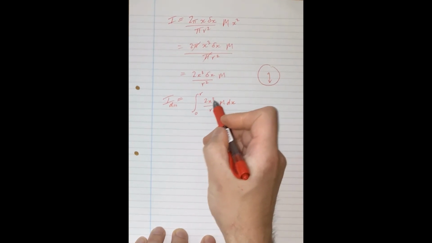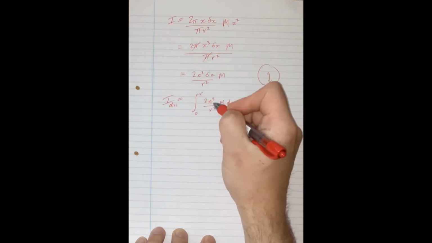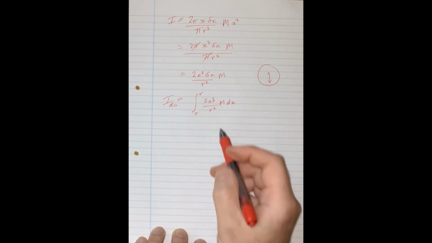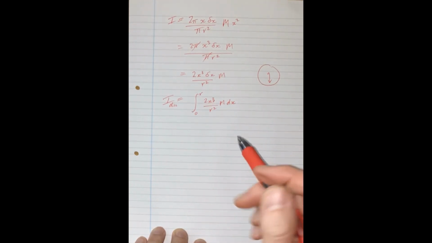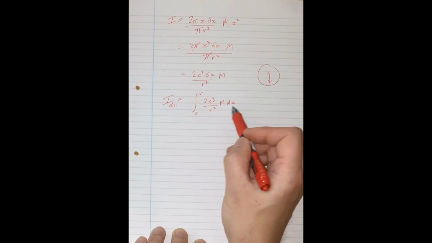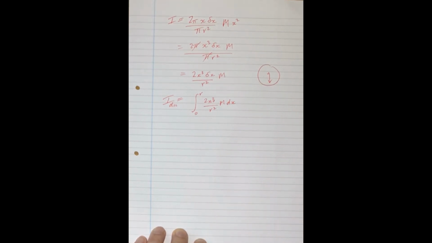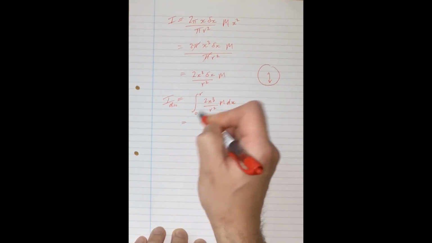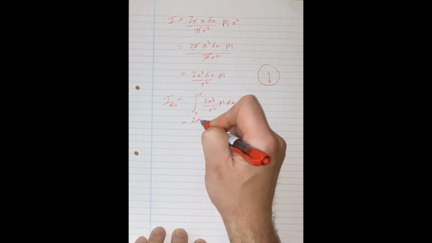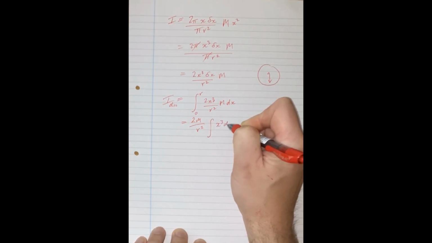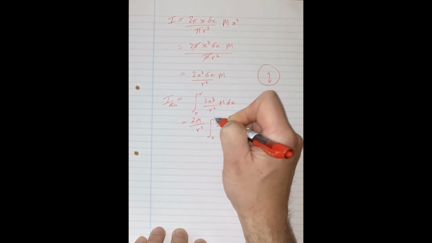So we've got 2x cubed over r squared m dx, and then we can pull some of the terms out because they do not change in terms of x, and that would be m and r squared, and the 2. So we've got 2m over r squared, and then it's the integral of x cubed dx from 0 to r.